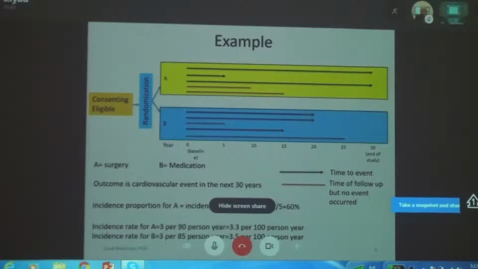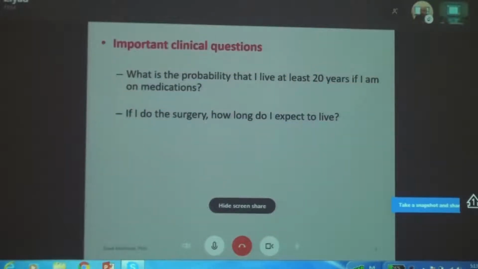Now, these two types of analysis have some information in them, but they don't give the full picture. Some patients might ask: what is the probability that I live at least 20 years if I am on the medication? And if I do surgery, how long do I expect to live? These might be difficult because of the censoring.